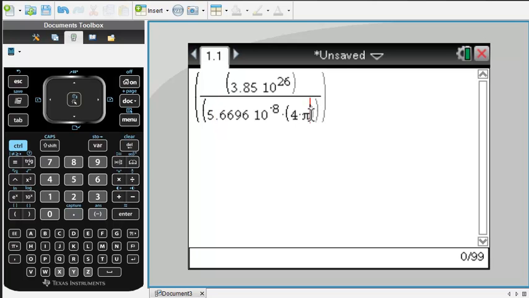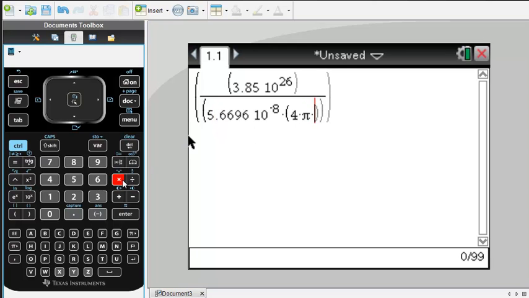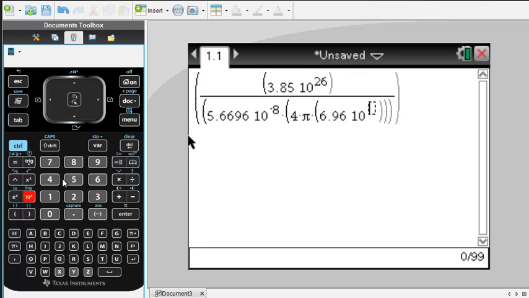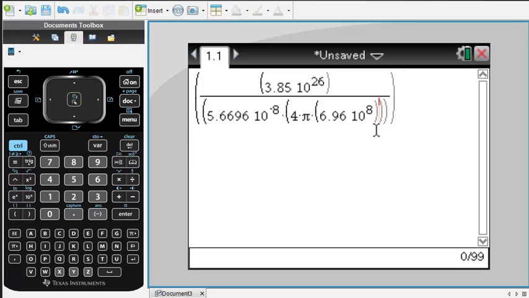Pi times the radius squared. So the radius is 6.96 times 10 to the 8th power, and that is in meters. And we are going to square that.